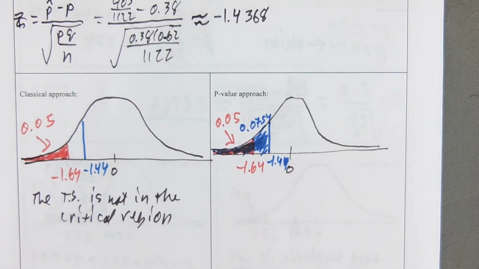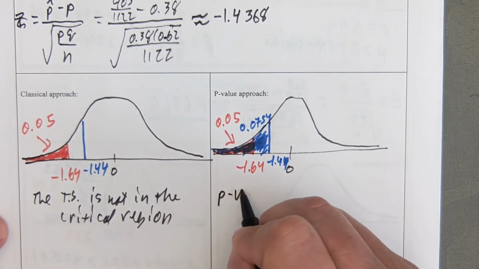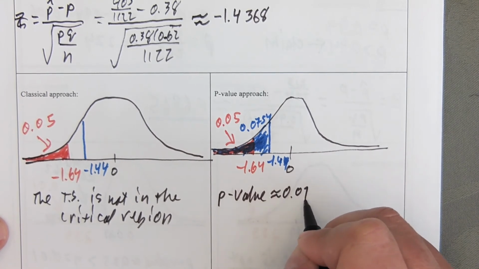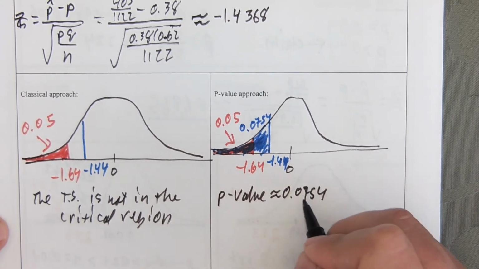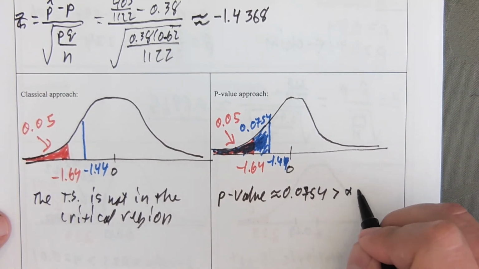And here we can clearly see the p-value, which is our 0.0754, is clearly larger than our alpha.